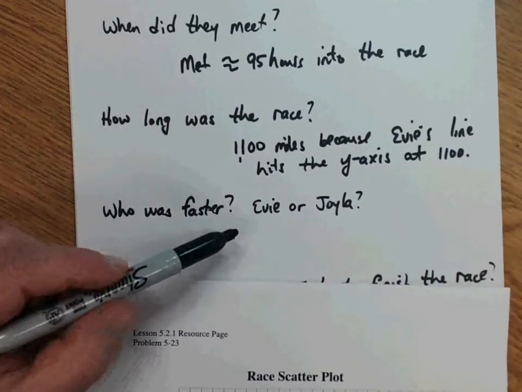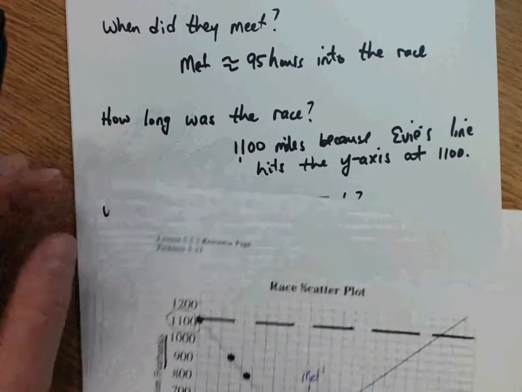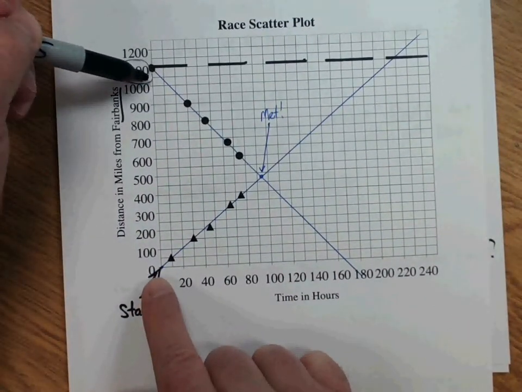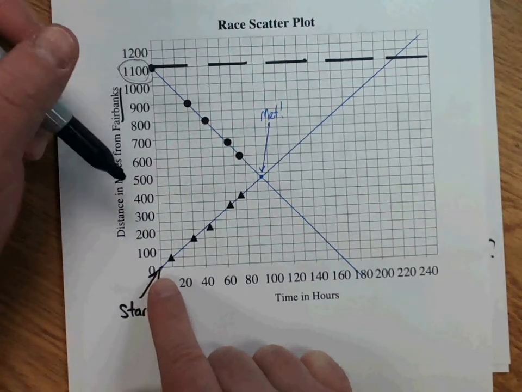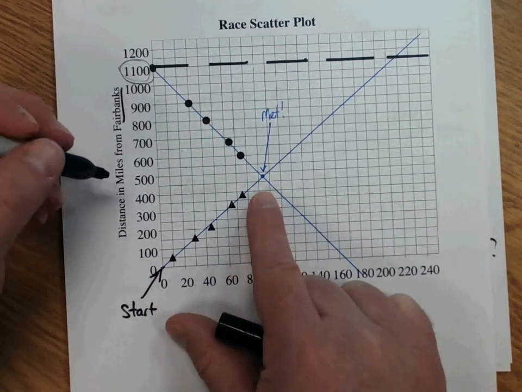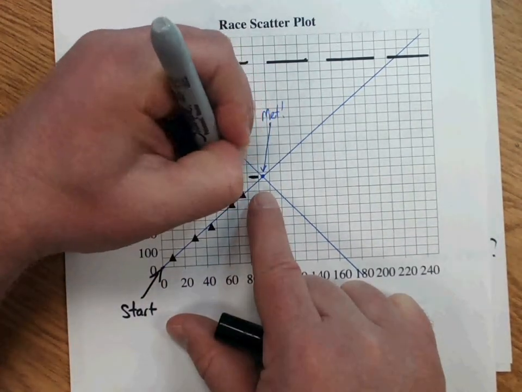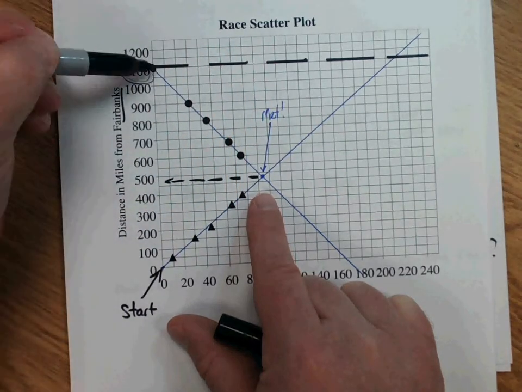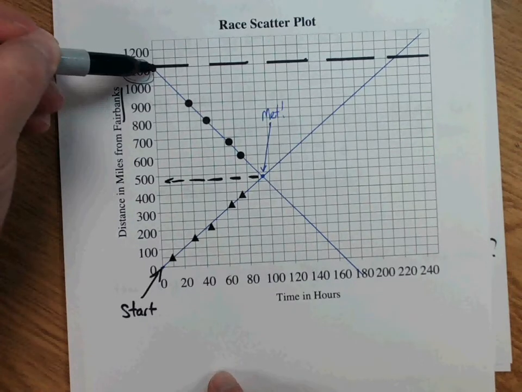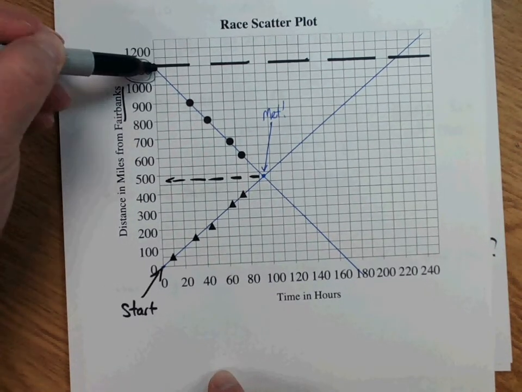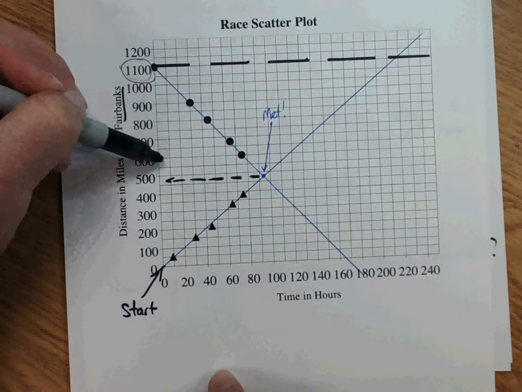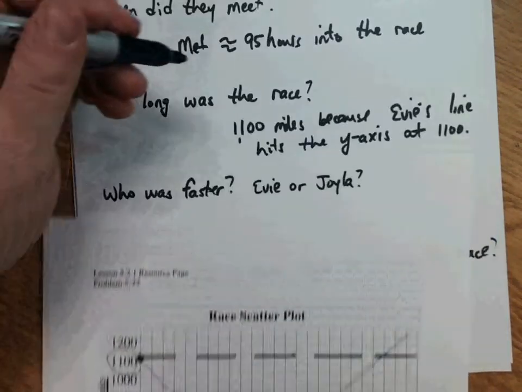Who is faster, Evie or Joyla? Well, if they left at the same time and they met at what appears to be between 450 and 500, that means that the friend Evie traveled 100, 200, 300, 400, 500, 600, over 600 miles.